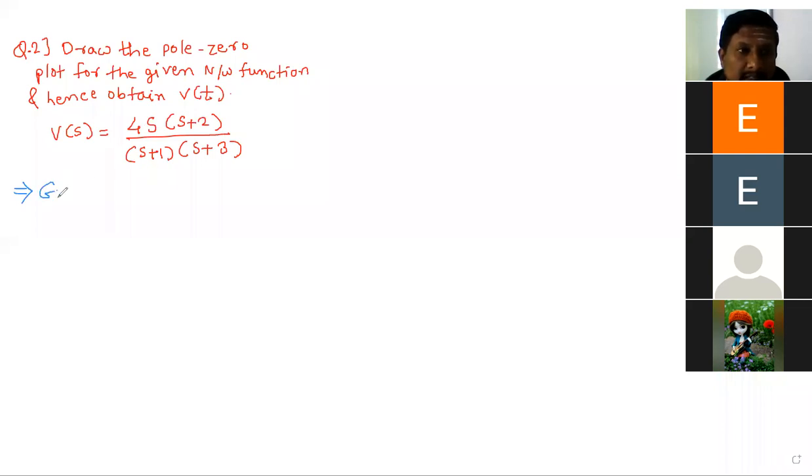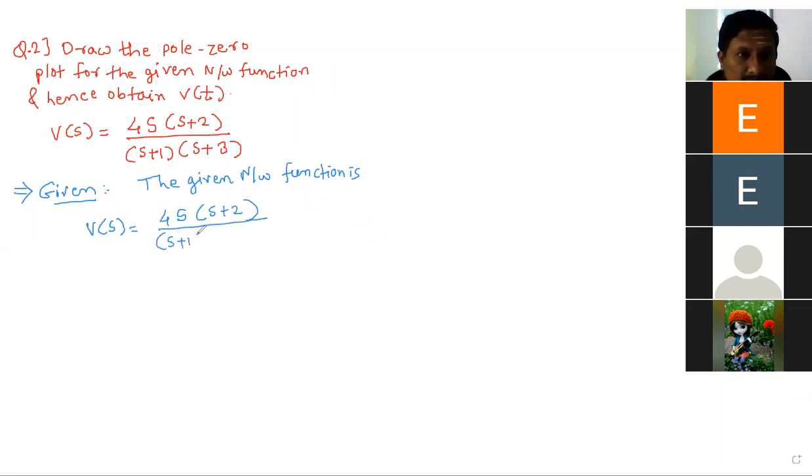So first of all, I will write the given network function as it is. The given network function is V of S is equal to 4S into S plus 2 divided by S plus 1 into S plus 3.